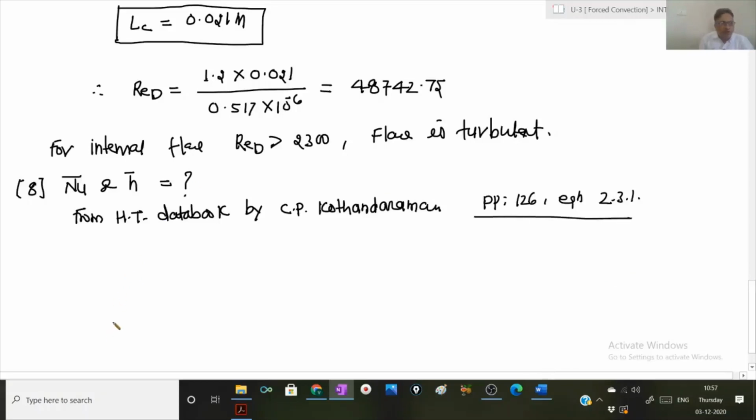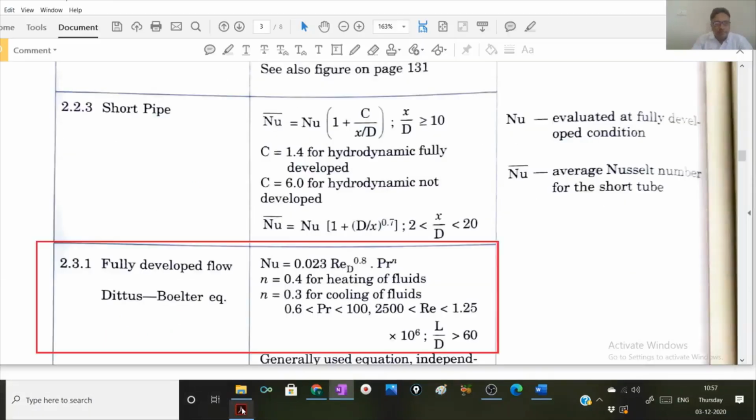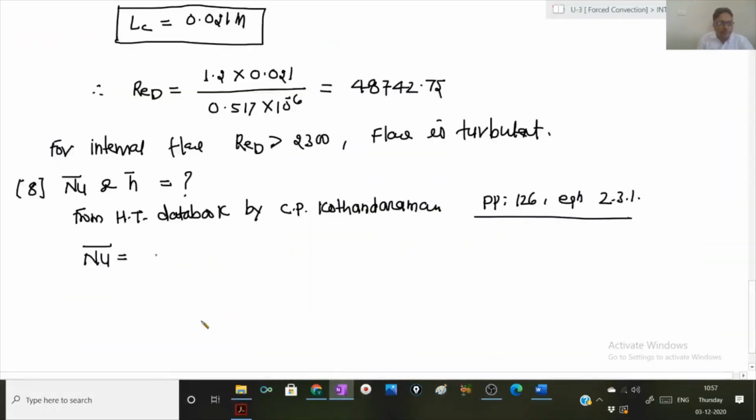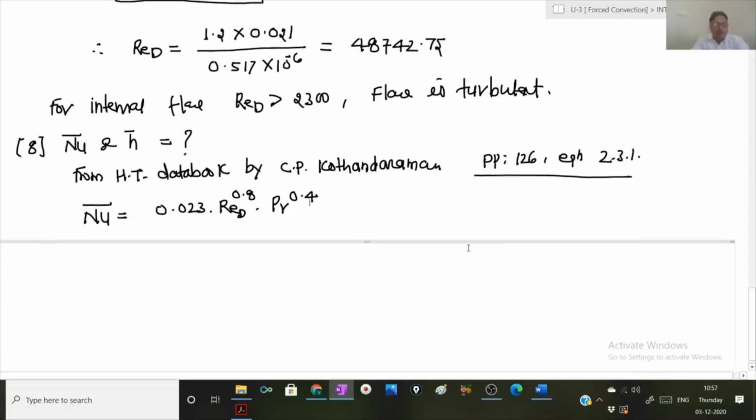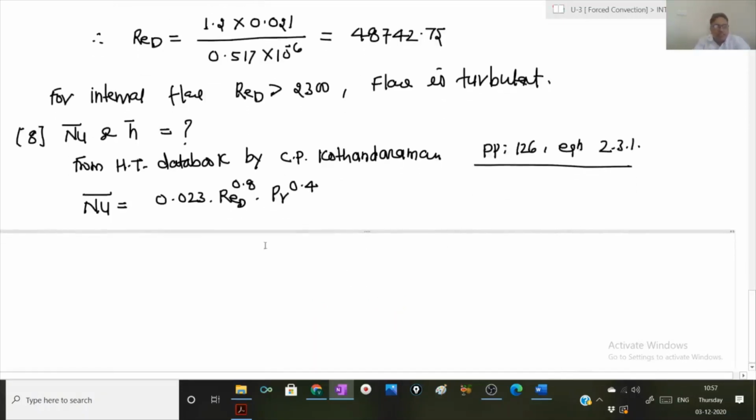The expression for average Nusselt number can be written as 0.023, Re to the power 0.8 and Pr power 0.4. So this is the appropriate correlation.